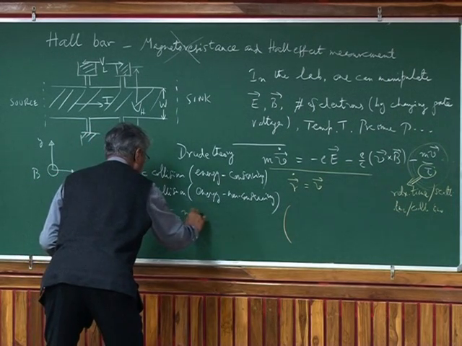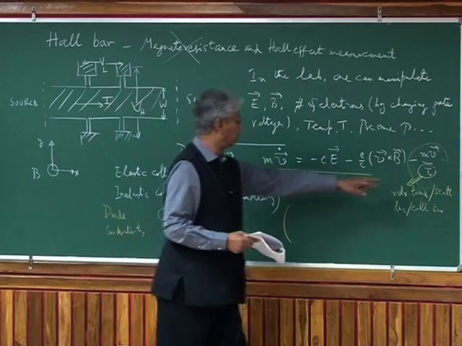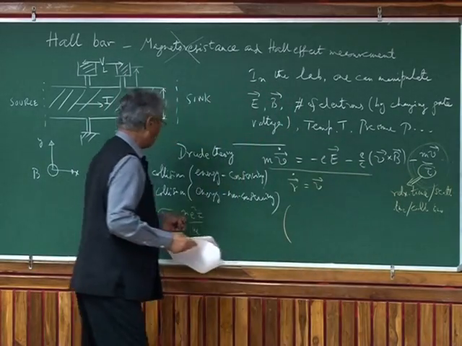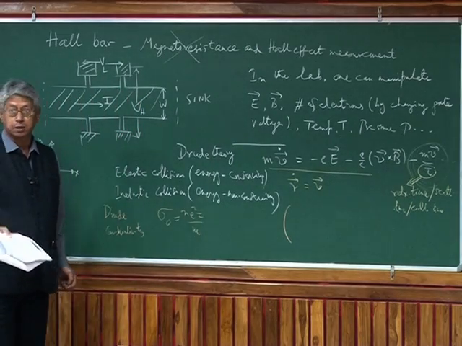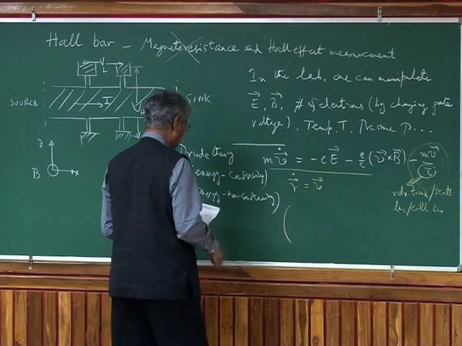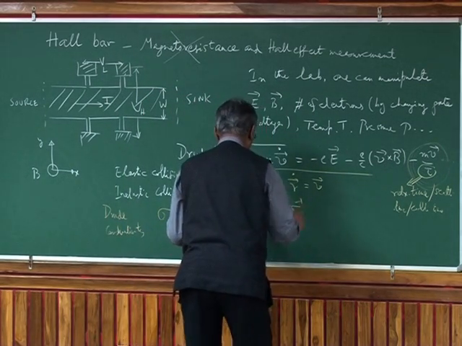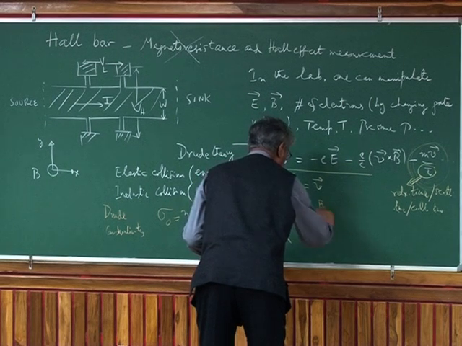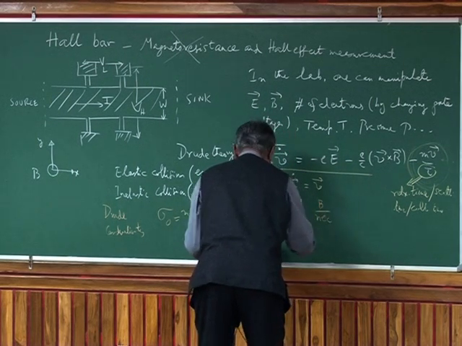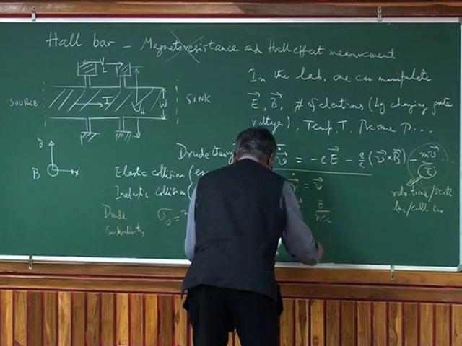It's the same tau that appears here. n is the number density of the electrons, that's the number of electrons per unit volume. And of course, e is the charge. So you have sigma naught inverse, and the magnetic field terms, minus B over n e, and B over n e. If you flip into your notes from yesterday, you'll find this.